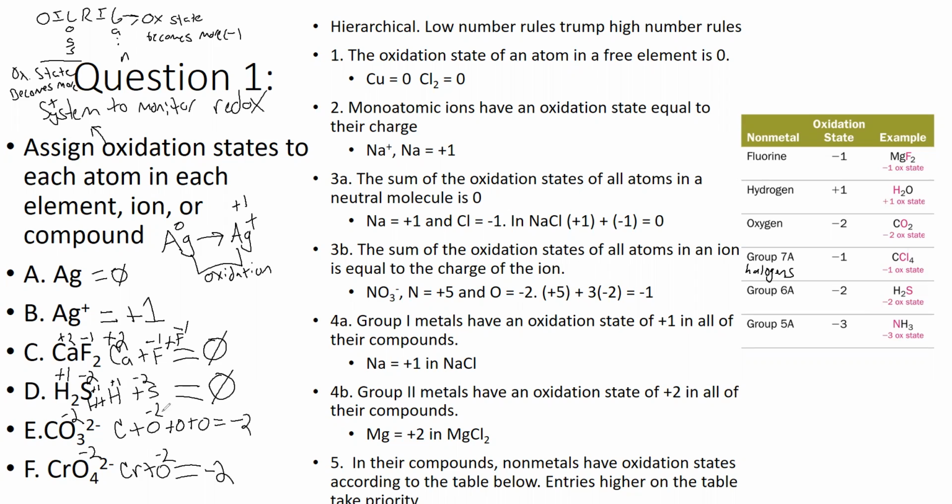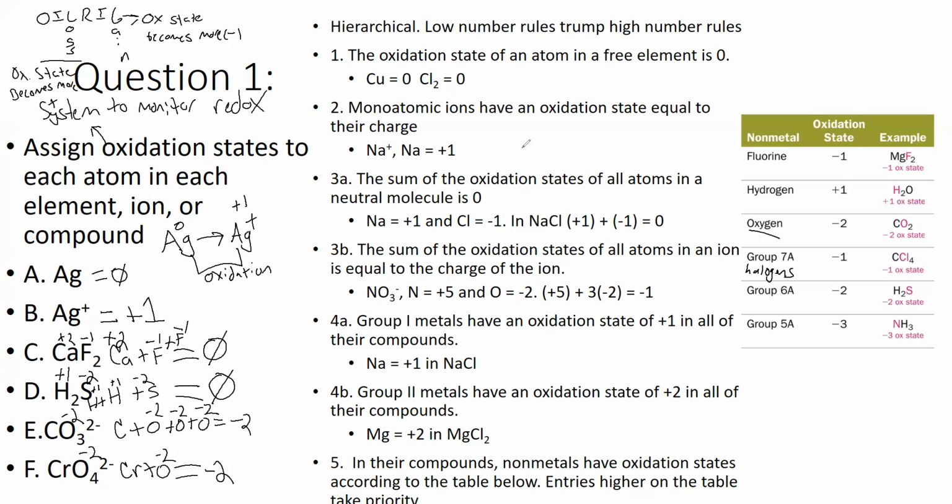So carbon, we don't know. However, we do know each oxygen is -2. We know that because of the rule in our table. Based on this algebra, carbon, -2, -2, -2 equals -2. What must be the oxidation state of carbon? Can anyone tell me for E, what must be the oxidation state for carbon if oxygen is -2? -4, not 4, I meant.